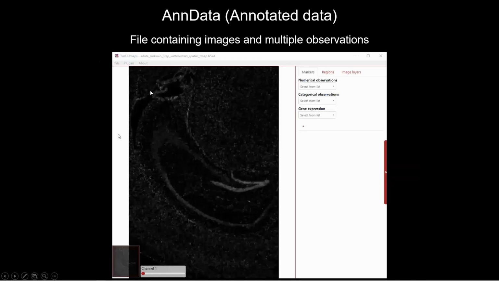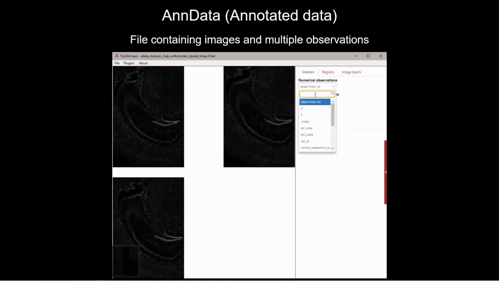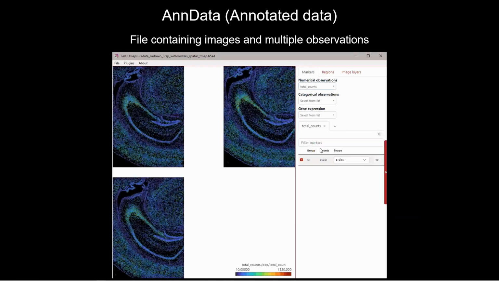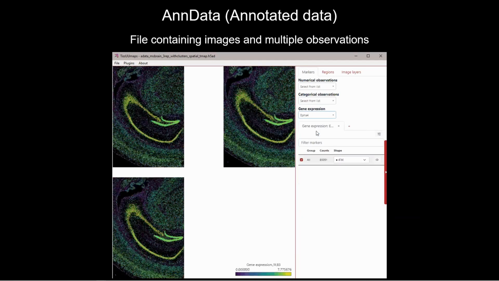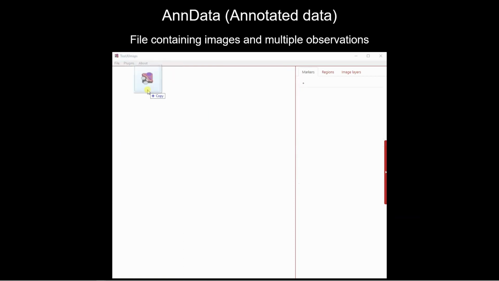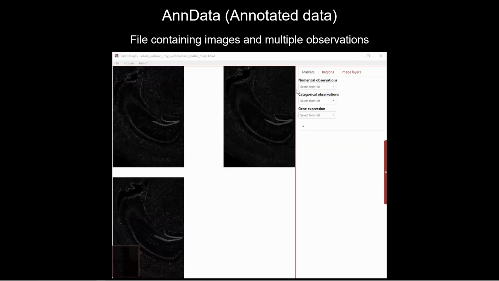Okay, and finally, the AnnData objects, which is annotated data, and that can contain images and many different kinds of observations. So for example, here we have data coming from in situ sequencing techniques. So we have many spots, and for each spot, we have a number of counts. We have many different quality control things we can display here.